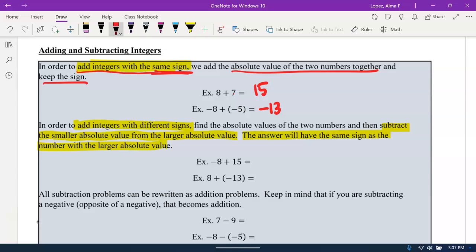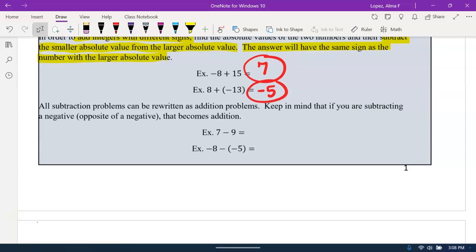Negative 8 plus 15, again, subtract the larger one minus the smaller one. 15 minus 8 is 7. Because the larger number is positive, so is our answer. 8 plus negative 13. That's going to be subtract the larger one minus the smaller one. 13 minus 8 is 5. But because the larger one is negative, my answer is negative 5.